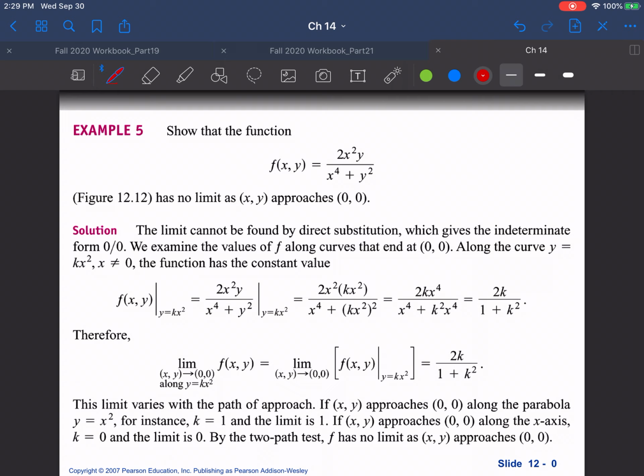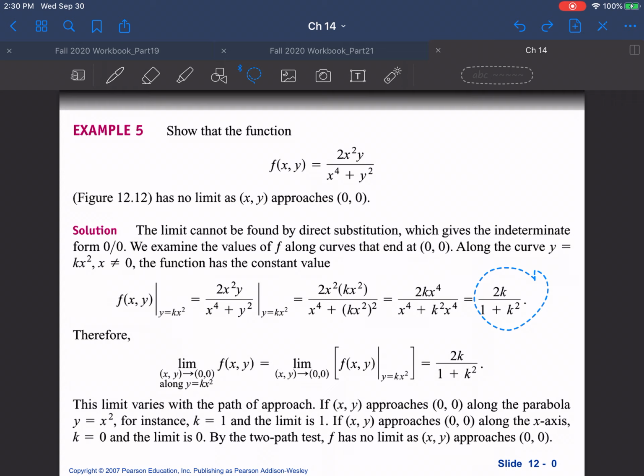If we plug in kx squared, distribute everything around, and then cancel out all the x to the fourth, we end up with 2k over 1 plus k squared, which is a constant.